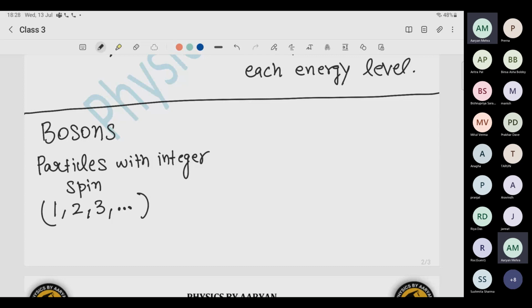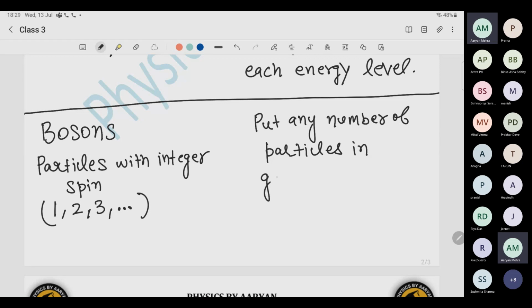So if bosons are mentioned, the particles with integer spin, then you do not have to worry about spin at all. In any case, if boson is mentioned, you do not need to mention spin. Then put any number of particles in the ground state energy level, or in any energy level.